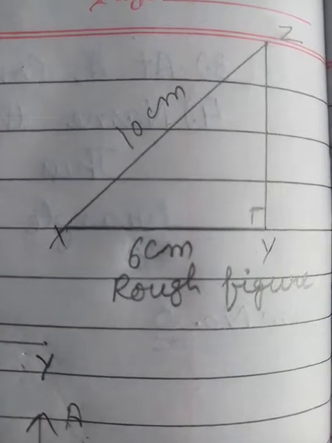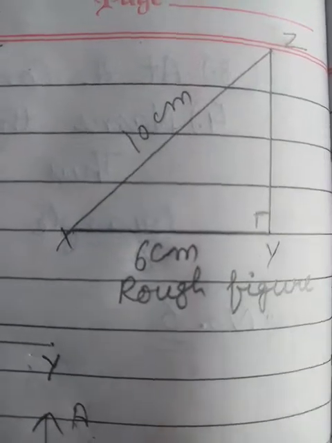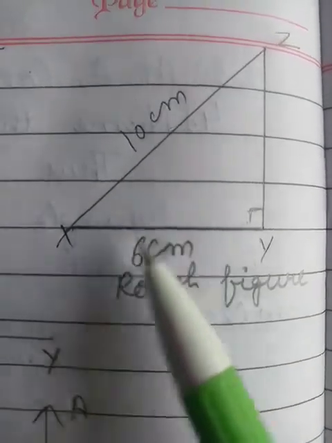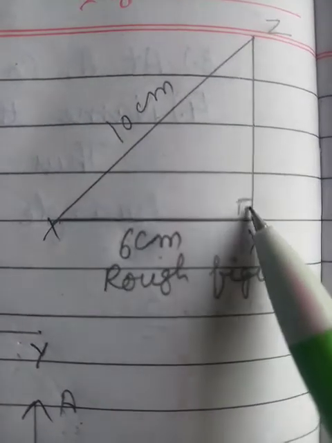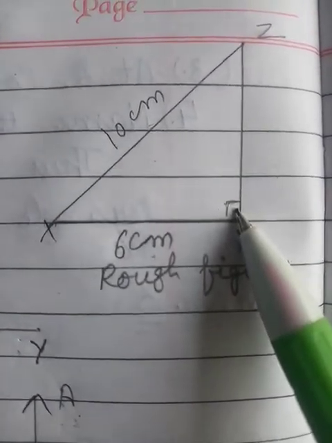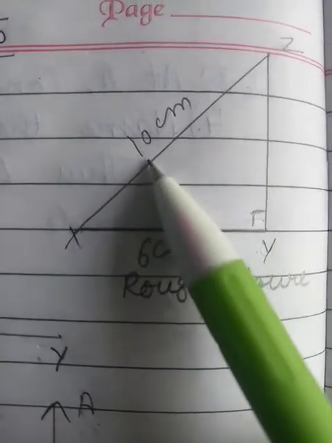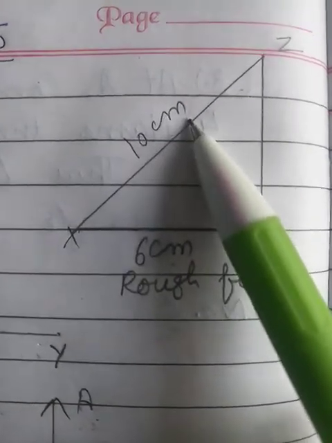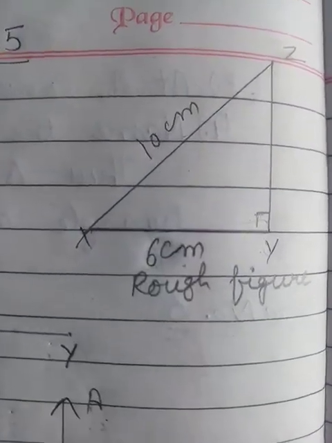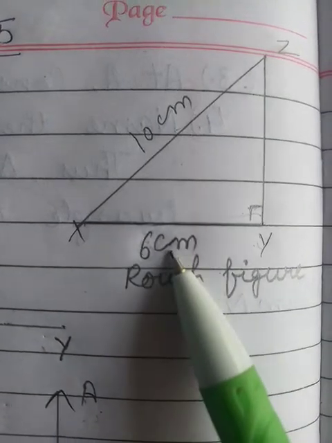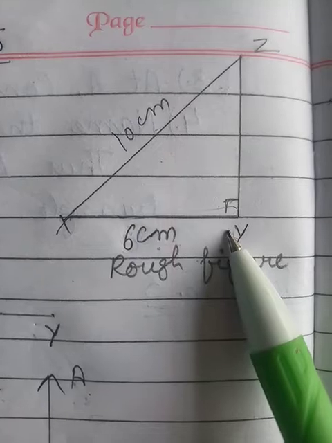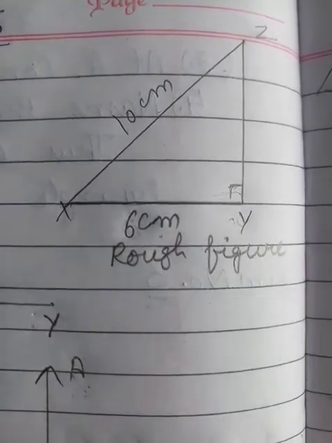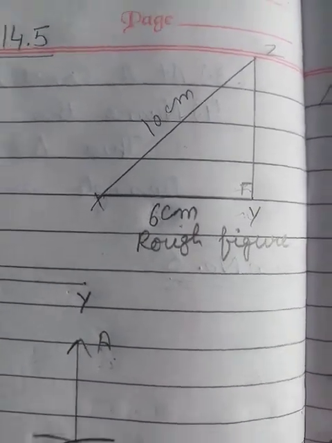First of all, beta, we will make a rough sketch as I have made, that XY should be equal to 6 centimeter, and on point Y there should be an angle of 90-degree. And XZ, the hypotenuse, should be equal to 10 centimeter. So first we will draw the line segment that is 6 centimeter, and we will name it XY.